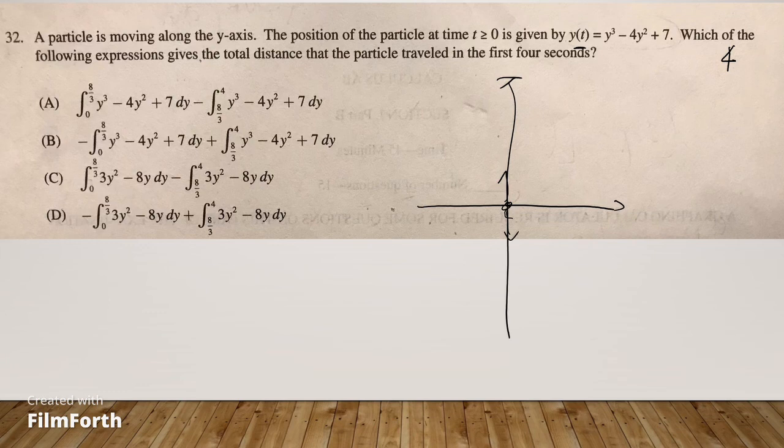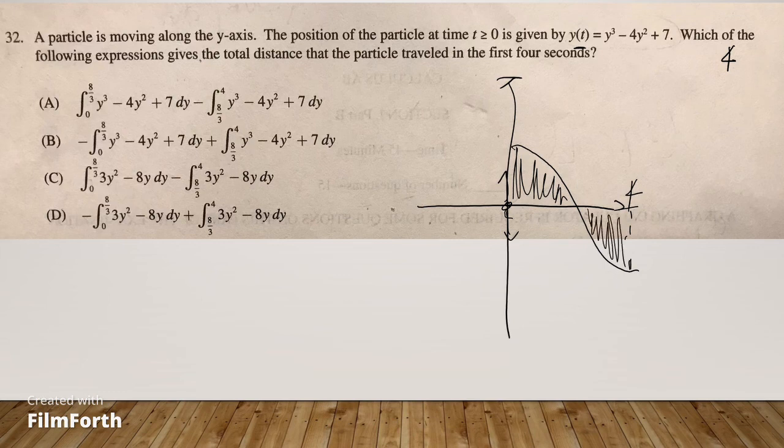then when we integrate the function, we need to break the integration into 2 parts. So for example, if this is 4 seconds, we would have a positive area or distance and a negative area or distance.